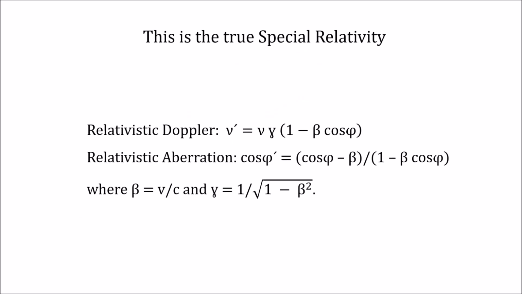And when we do that, what we find is we can find a Doppler expression. We find that there's a relationship in the primes between the frequency and between the angle. It's called the aberration angle. That's a very difficult concept for most people to understand in its relativistic form. Many people pretend that they understand it, but they don't really.